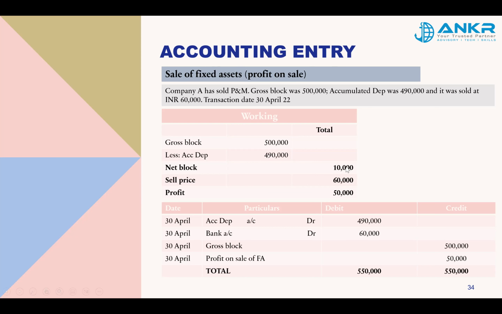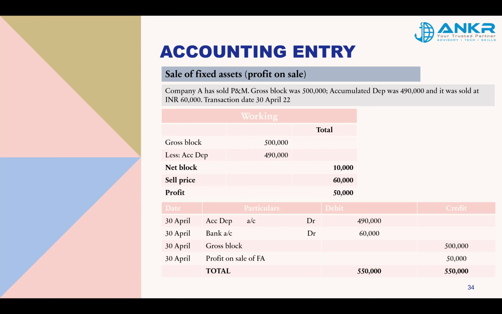That means the net book value of this asset is 10,000 rupees in your books. At how much value are you selling this asset? 60,000, right? What is the profit? 60 minus 10, because you are selling it for more than the net block of the asset in your books. So there is a profit, right?